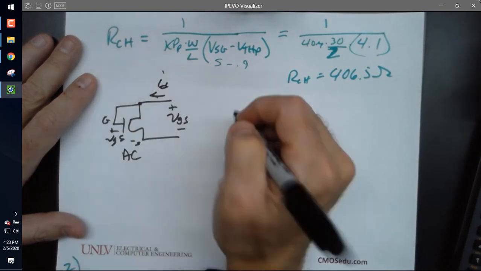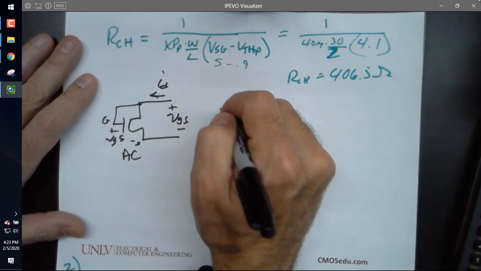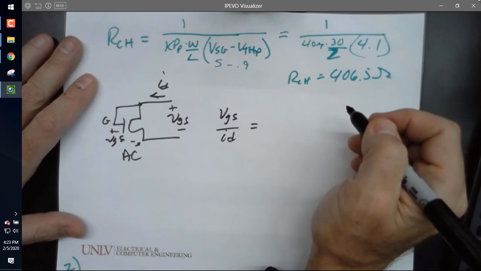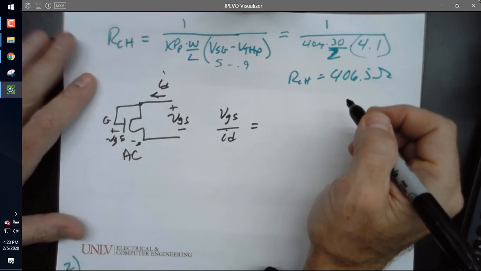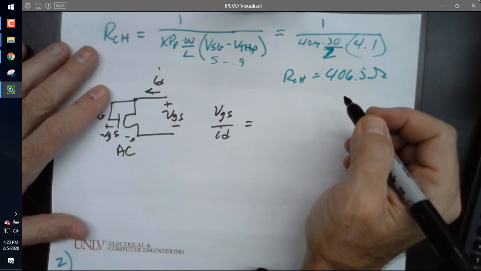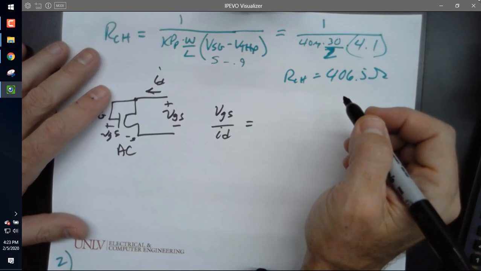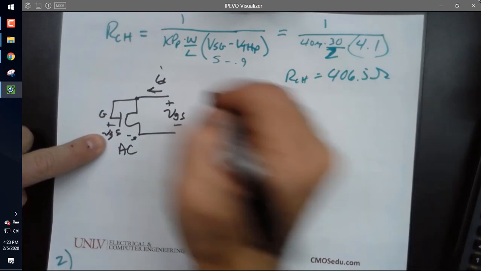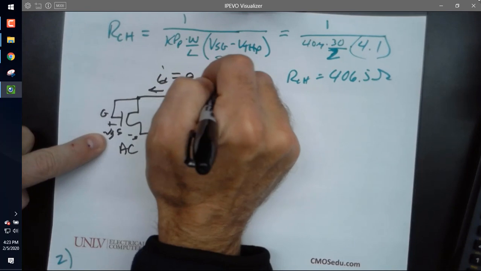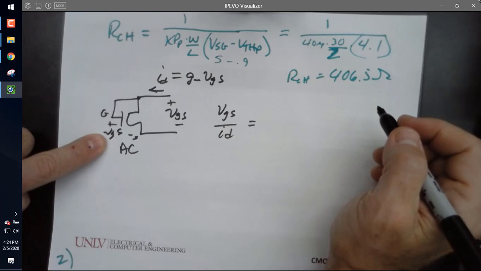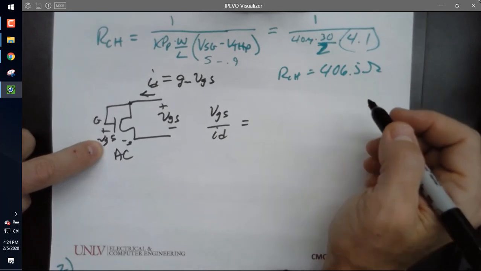ID. So what is VGS over ID equal to? No, this is in saturation. Our channel's for triode. Nope. What is, how do I relate ID to VGS? Everybody agree with that? So what is VGS over ID?